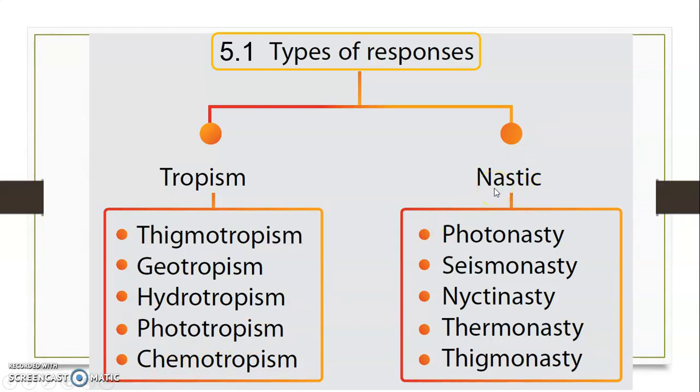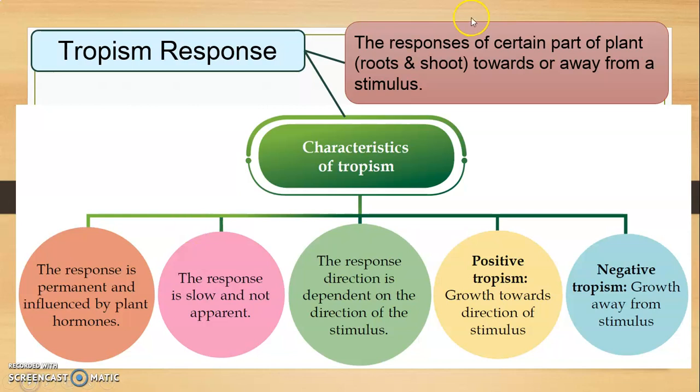Nastic also has 5 types of movement. First is Photonasty, Seismonasty, Nyctinasty, Thermonasty, Thigmonasty. Later I will explain one by one. Okay, let's go to the tropism response first.